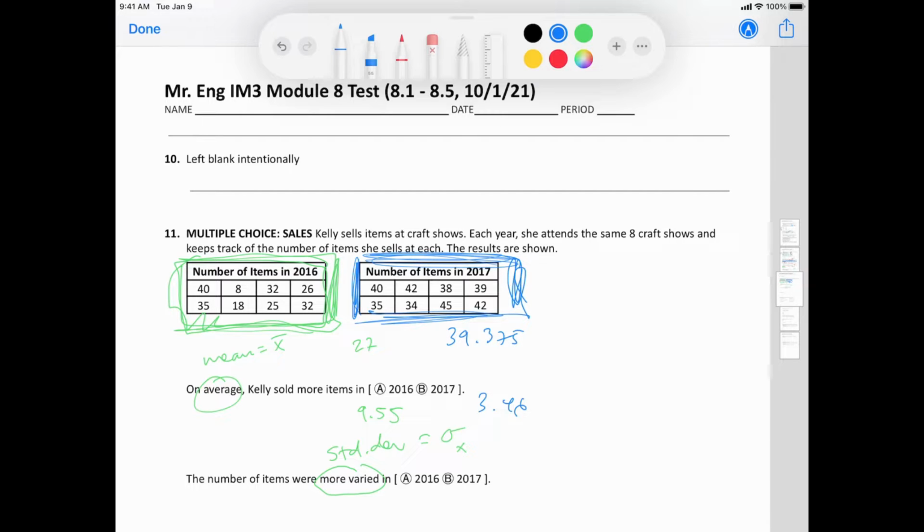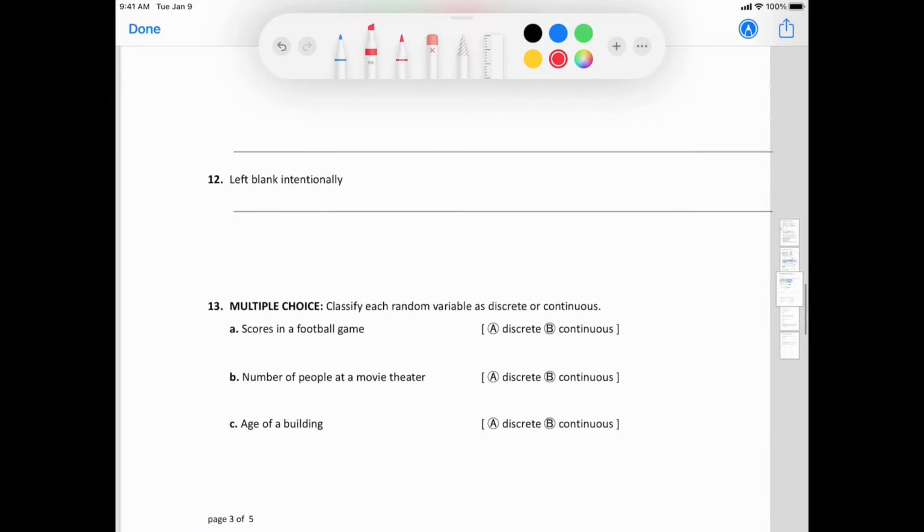So which one has more for A? 27 or 39? 39, so that would be the blue one here. And number of items that are sold that are more varied or greater standard deviation, which one has a bigger number, 9 or 3? That would be 9, so that would be choice A.